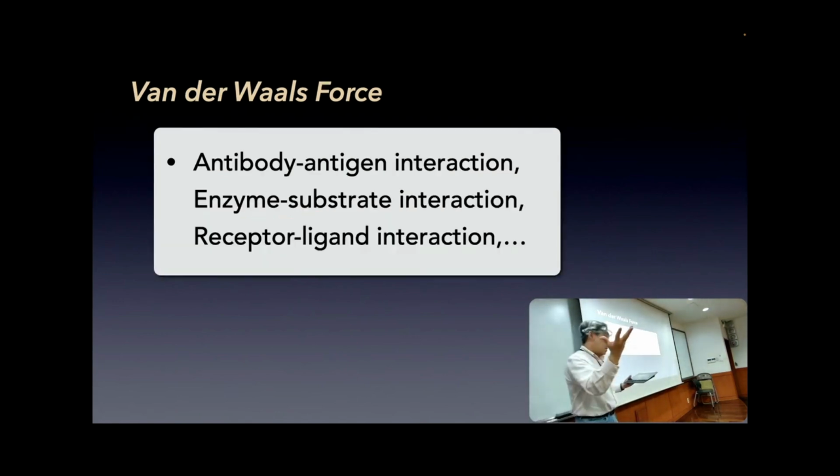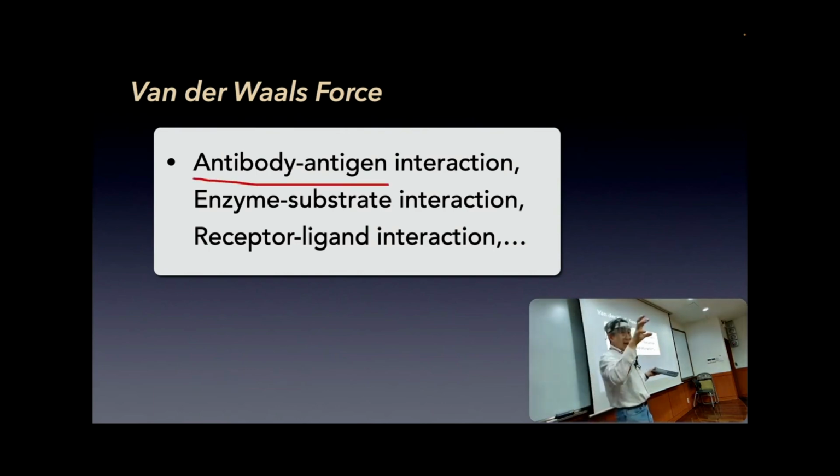For example, take this important interaction between antibody and antigen. In this particular era of pandemics, everybody is so concerned about the strength of antibody, right? But in general, the interaction between antigen and antibody is maintained mainly by van der Waals force. So those two surfaces are complementary.